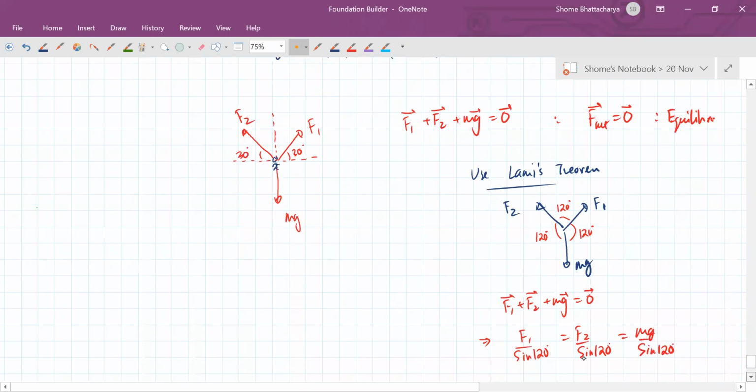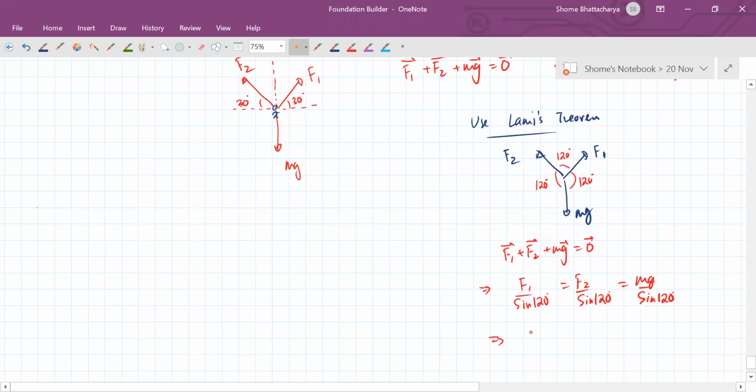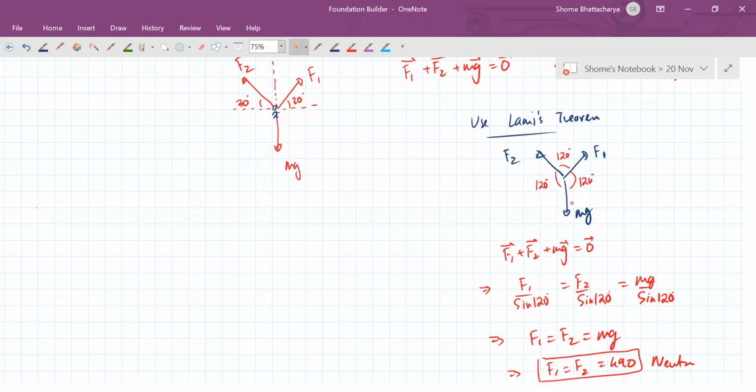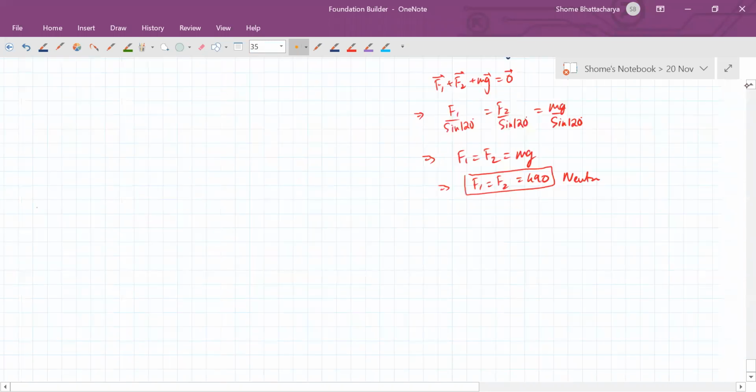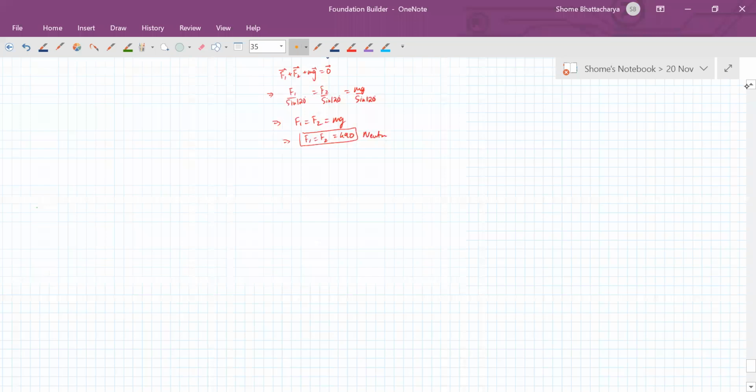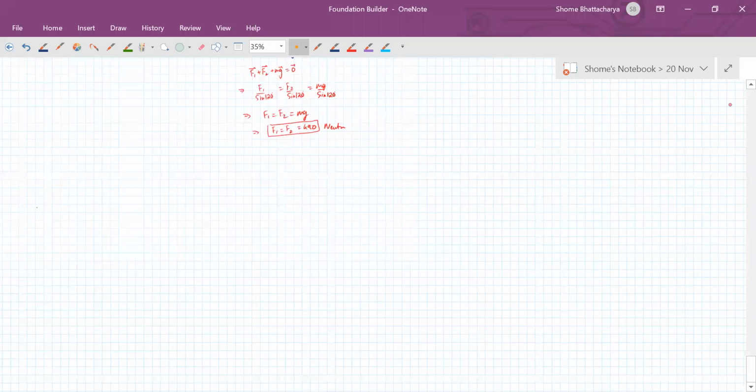So here we don't even have to solve anything else. Sine 120 is common to all of them. So magnitude of both these forces are equal and they are equal to the weight. So that is equal to 490 newtons. In this case, because the forces are applied symmetrically at 30 degrees to the horizontal. If the angle was something else, then the force would have been something else. Okay, all depends on the values given. But for this particular question, as you can see, this becomes a solution.